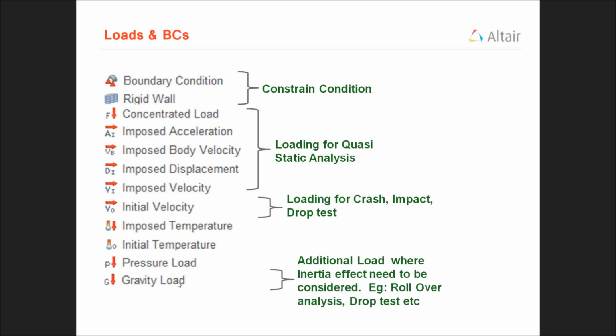Gravity loading, normally we don't use as a standalone load, but we couple it along with impact as a combined loading. So this is the classification of loading as per its application. In our model, which I'll be demonstrating, I'll try to use one or two of these loadings.